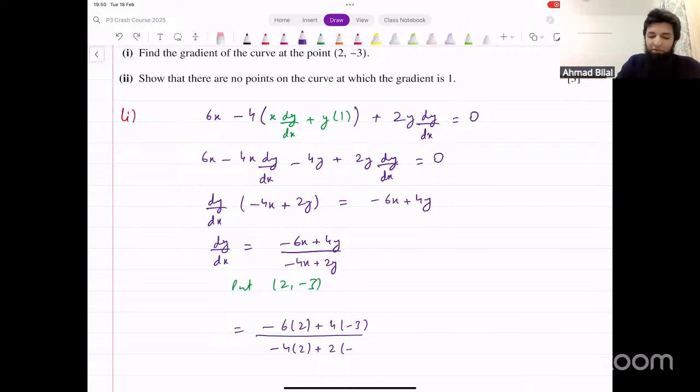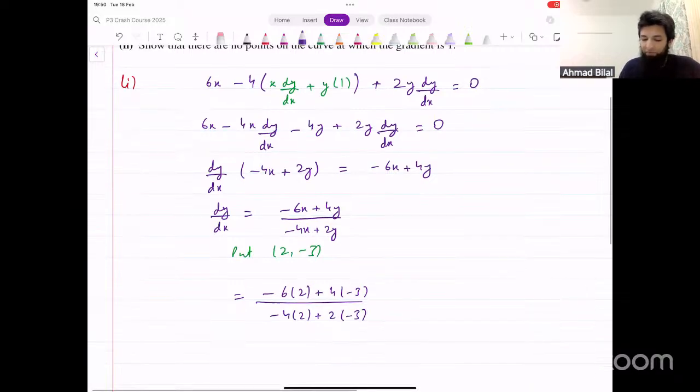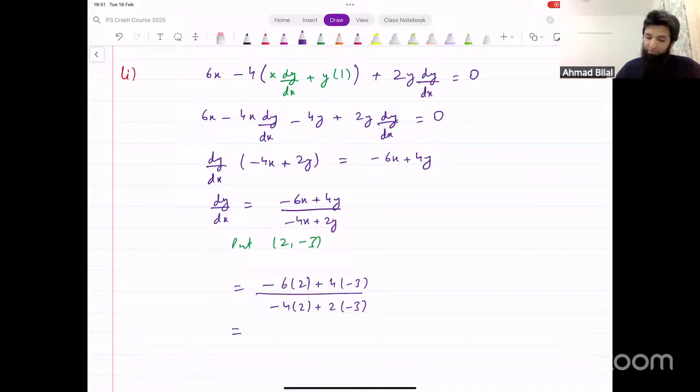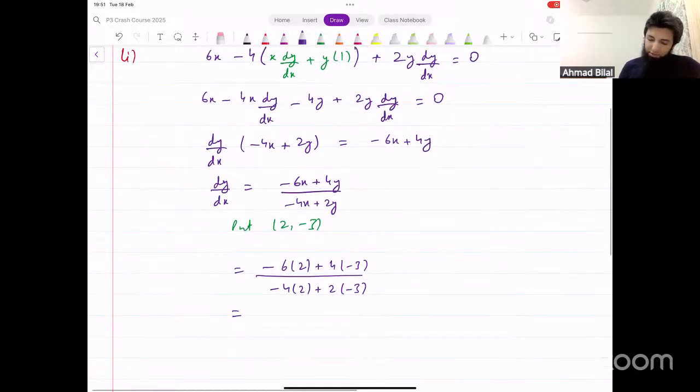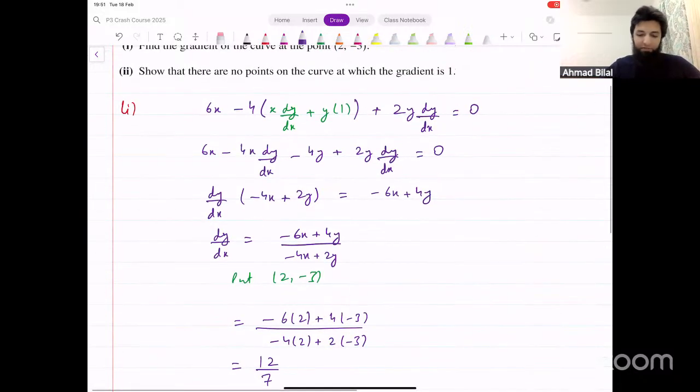And that will give you the gradient at this point. What do we get from this? Minus 24 divided by minus 14, which is 12 over 7. Is that what we get? 12 over 7? Yeah, okay, good. That's the first part, really straightforward.